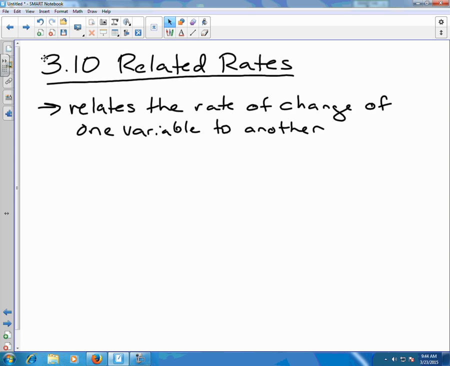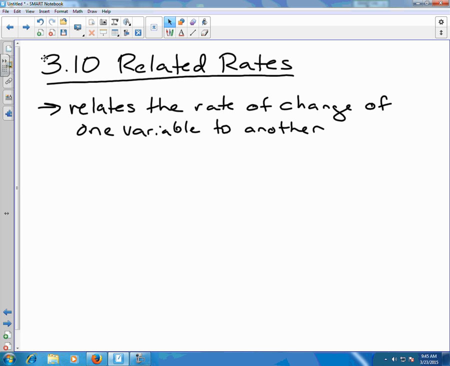So the volume inside that spherical balloon, or a basketball if you think of it like that, is going to be entirely dependent upon the radius of the ball itself, right? As you're inflating it, the radius is going to change, and as the radius changes, the volume changes.